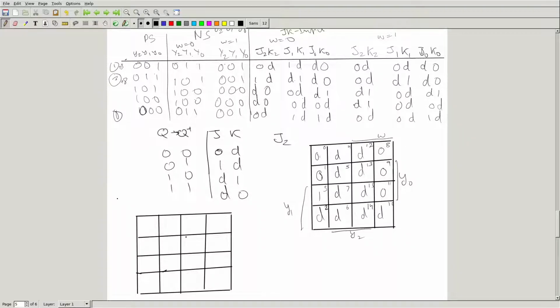And this is the K-map for Y2. We have inputs W, y2, y1, y0, and we can fill up min terms.